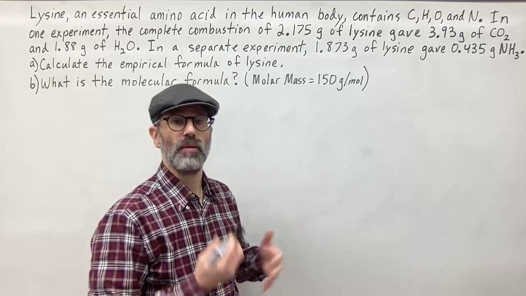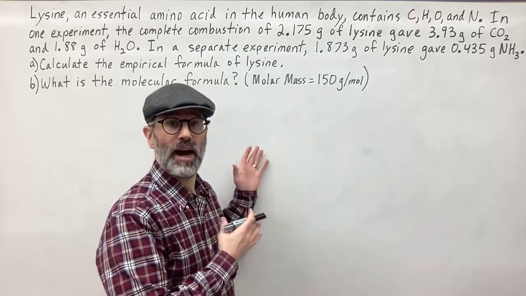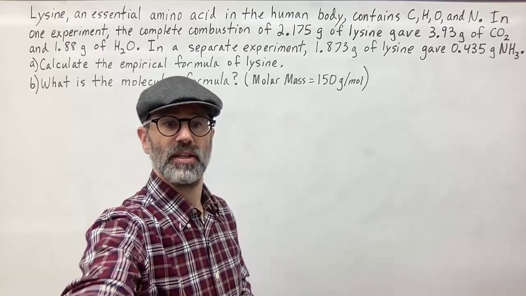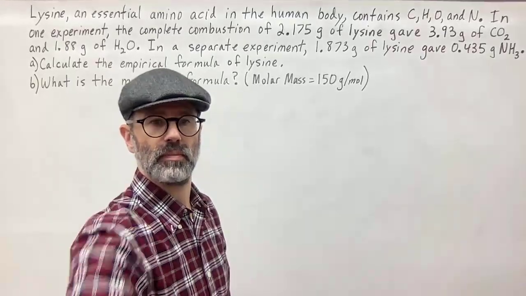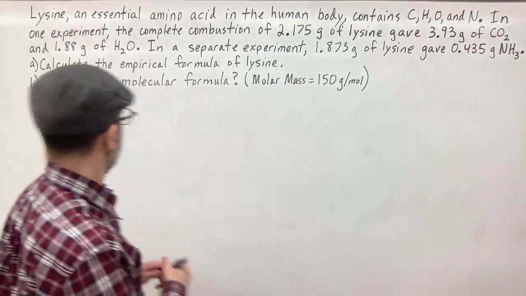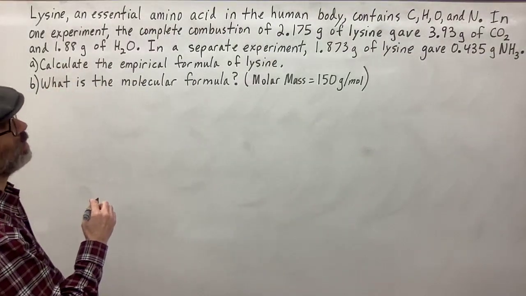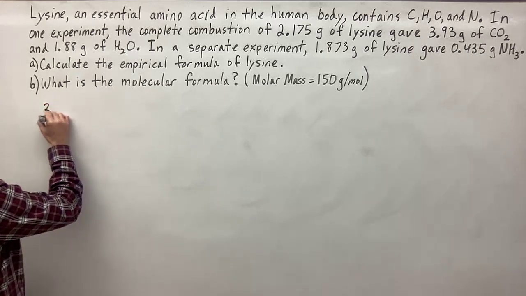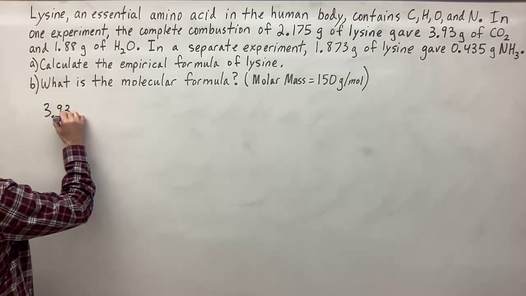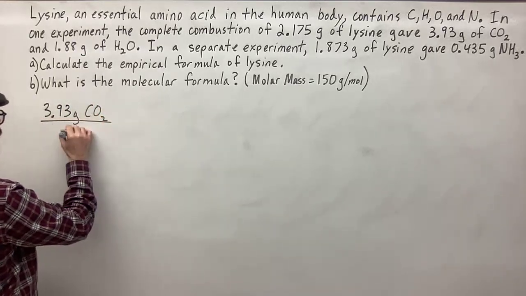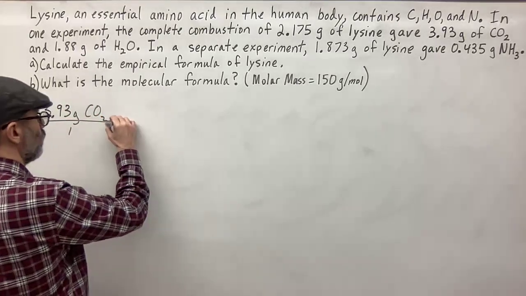Therefore, we can find the moles of carbon that were in the original amount. So we're given 3.93 grams of CO2, and we're going to convert that to moles of carbon.